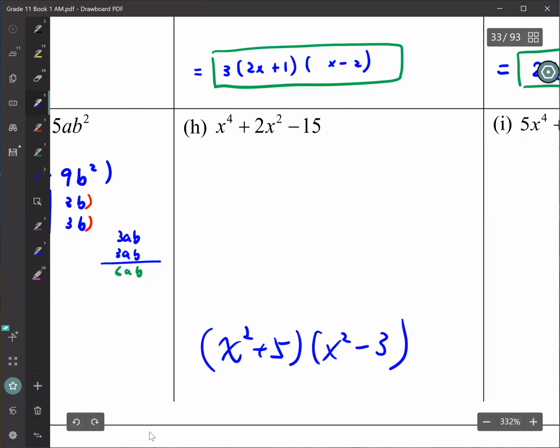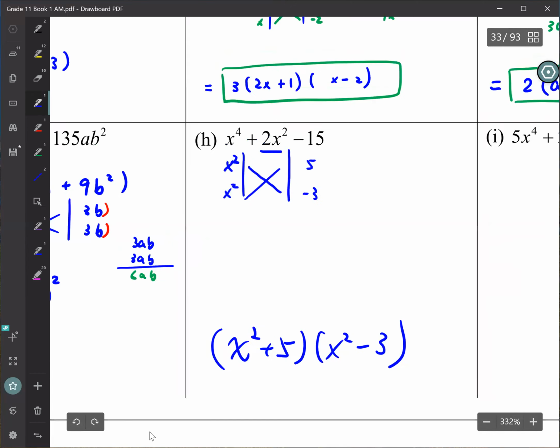So you just go right away into the cross multiply. It looks like you use x squared, right? And then you use the 5 and negative 3. Yeah, that should work, right? Gives you 5x squared there, negative 3x squared, added together is 2x squared. Okay, very good.